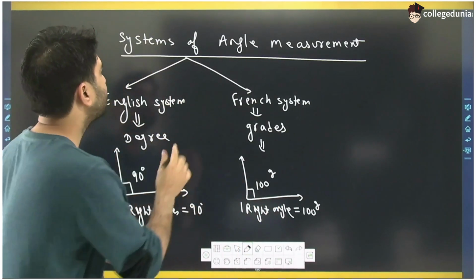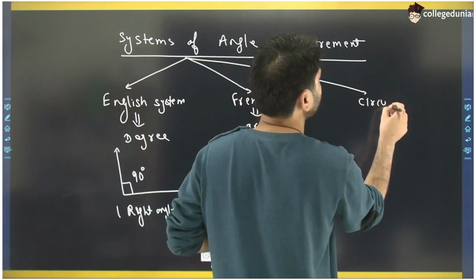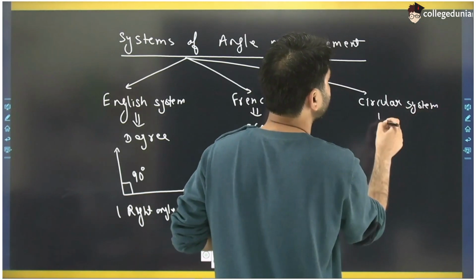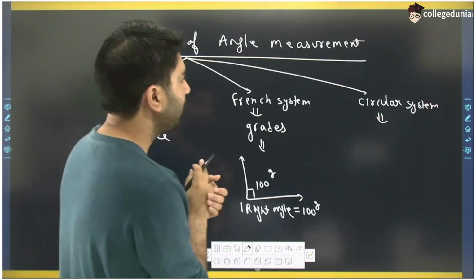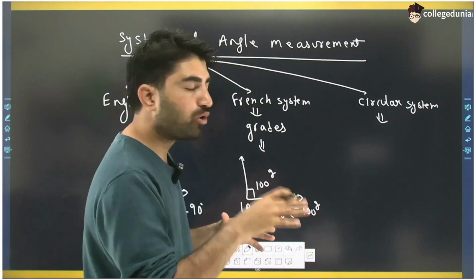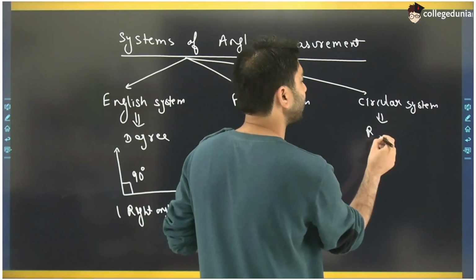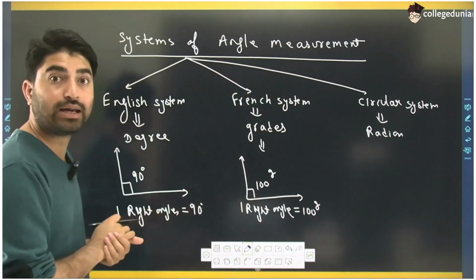Okay. And the third one is the circular system, which is used in higher mathematics. And in this system, this is the most important one. In this system, the unit to measure the angle is radians. And I will say this is the SI unit of measuring the angle, radians.